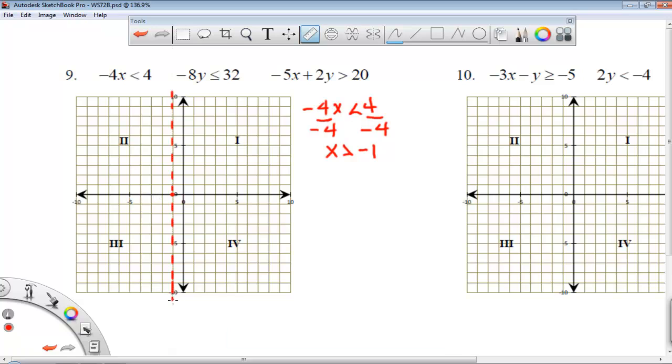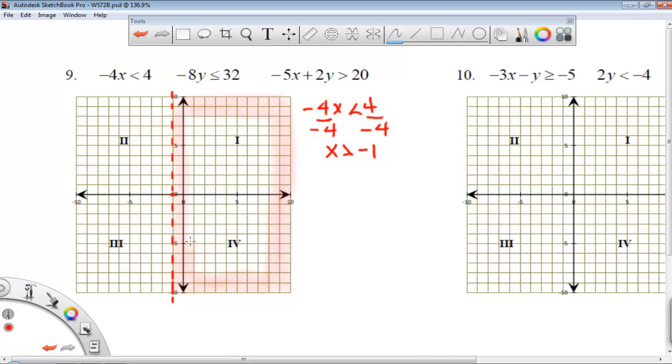And then we read the inequality statement. It says x has to be greater than negative 1. So all the numbers that are greater than negative 1 would be to the right. So that is the area that we're going to shade. So I'm going to outline this right here. Now some of you may have become good enough on doing these types of problems that you can wait and decide your shading at the very end.